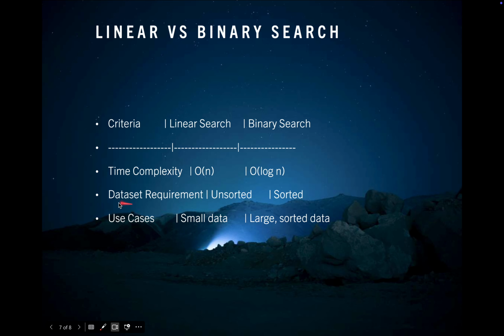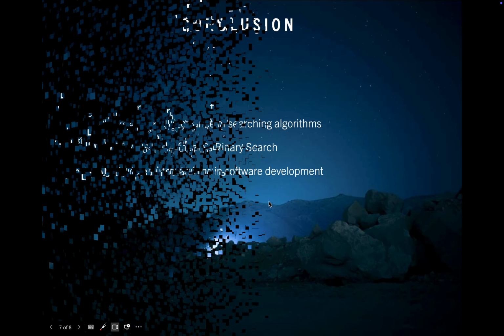For data set requirement, linear search can be done on an unsorted array, but for binary search there is a condition that the array or list should be sorted. Linear search is generally applied for small data, and binary search is widely used for large data sets.